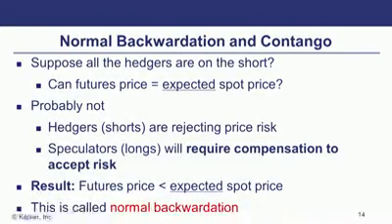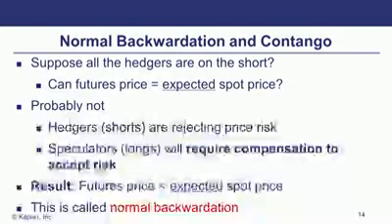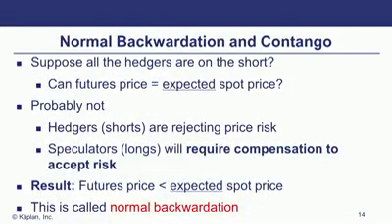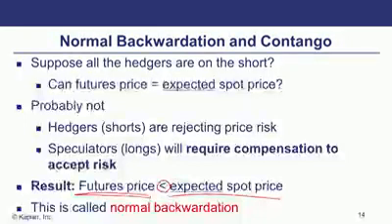Well, basic supply and demand tells me that if I've got a lot of sellers, i.e. short futures players, the price of the futures will decline. And therefore, the futures price will end up being below the expected spot price in the future. So expected spot price is simply the idea that there is a consensus expectation of what we think wheat should trade at 6 months down the road.